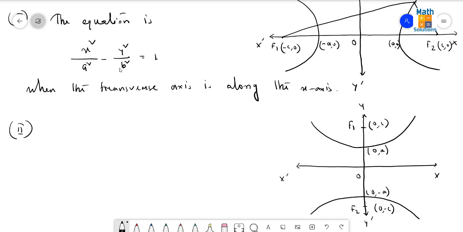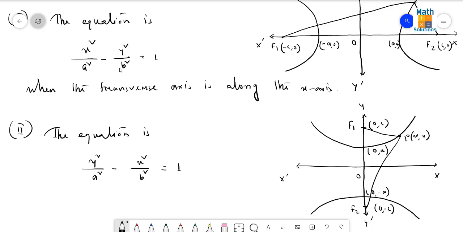If we consider any point P(x, y) lying on this curve of hyperbola, after joining it with the foci, the equation takes the form y square by a square minus x square by b square is equal to 1, when the transverse axis is along the y-axis. So these are the two different formats of equation of hyperbola.